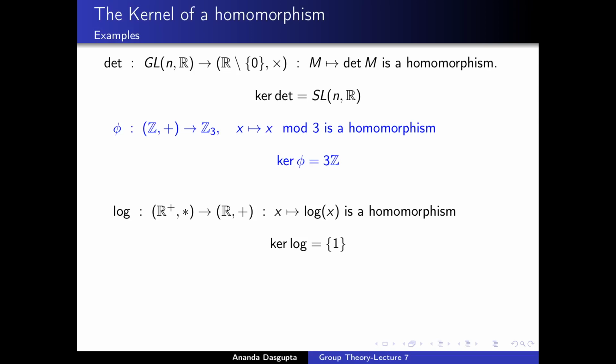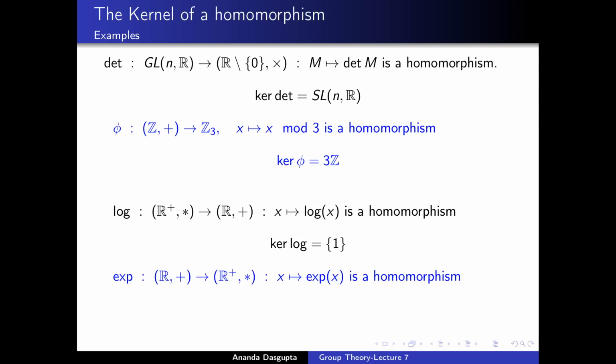The final example that we are going to talk about is directly related to this particular example that we have just covered. It's actually the inverse map for this particular one. It is the map exp, or exponentiation, which goes the other way around. It takes a real number onto a positive real number, and the groups that are being mapped here are R comma plus, real numbers under addition, to R plus comma star, that is, positive real numbers under multiplication.